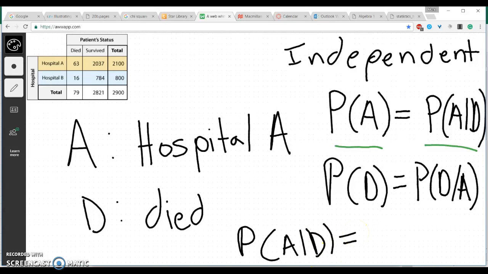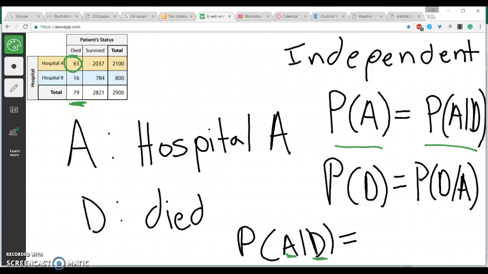So, if you want to figure out the probability of A given D, that means I'm looking for the probability of hospital A given that they died. So this time I have 63 people that were in hospital A that died, and the total number of people that died was 79.